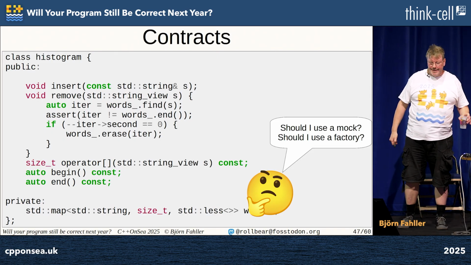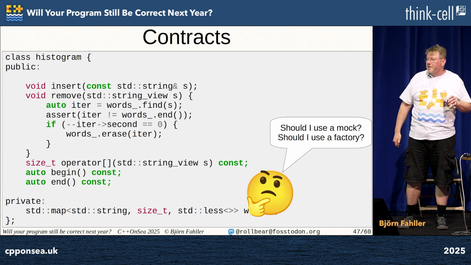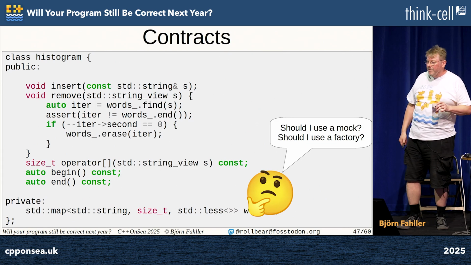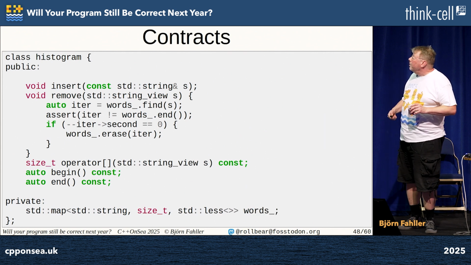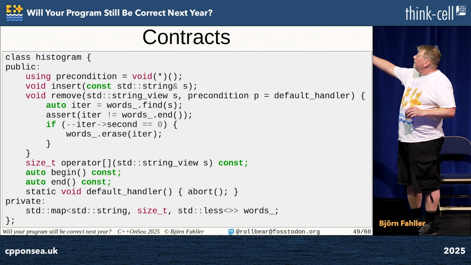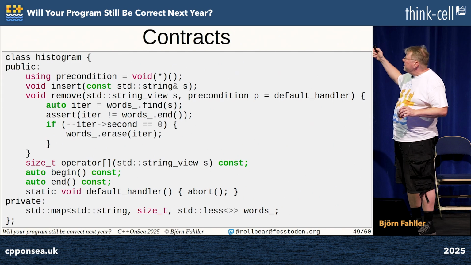So I guess it's personal preference to some degree, but I find that they make the software more difficult to understand. So I prefer to parameterize. So I introduce a precondition function pointer type, which is misnamed, I realize.